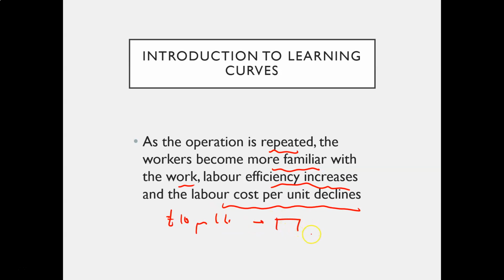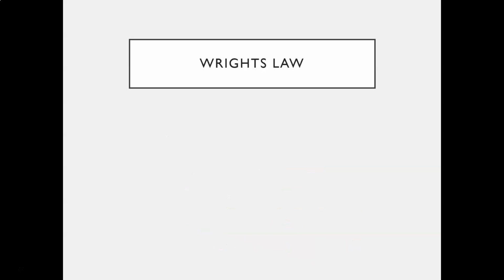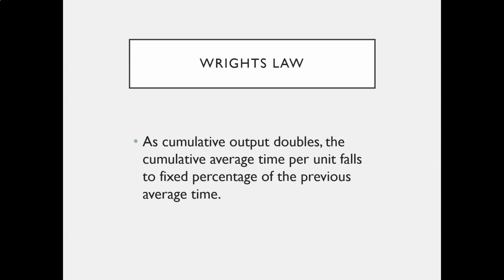Because they've spent this time learning how to make the table properly, in the next hour they make two tables. I'm still paying them £10 an hour, but they've made two tables in the second hour. So I've gone from a cost per unit of 10 over 1 in the first hour to 20 over 3 in the next hour, which is a much lower figure.